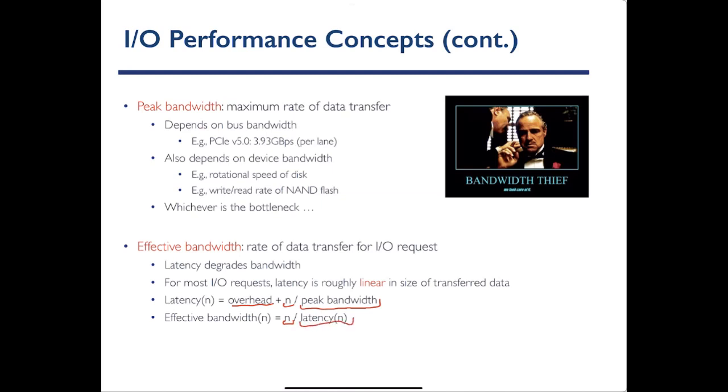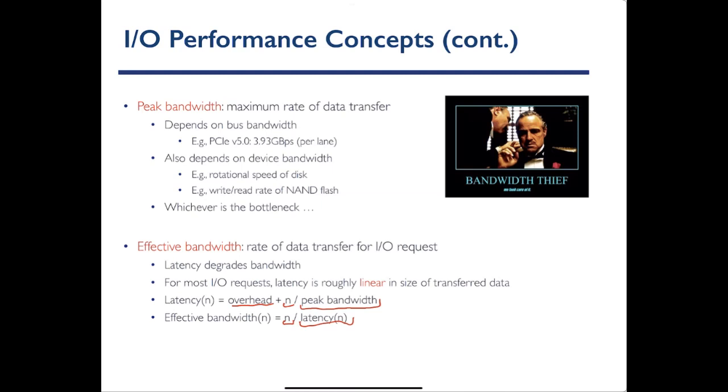Now, as you can see, if latency is 0, if your requests do not wait at all, if there is no overhead, then your effective bandwidth is equal to your peak bandwidth, if n is not 0. But usually, overhead is not 0. Realistically, overhead is not 0.